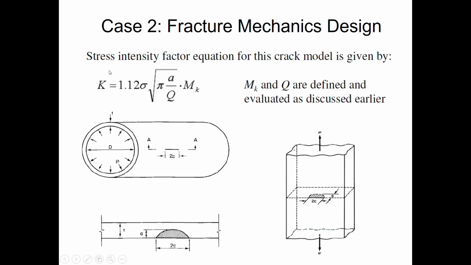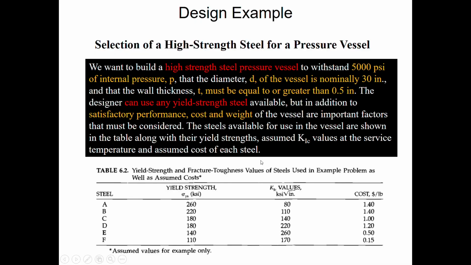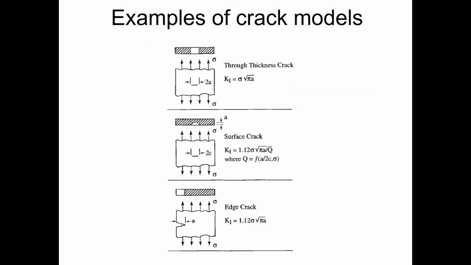Okay, from there, the stress intensity factor equation for this crack model is given by K equal to 1.12 sigma times square root of pi times A divided by Q, times MK. This is just a surface crack, but we are talking about the pressure vessel.